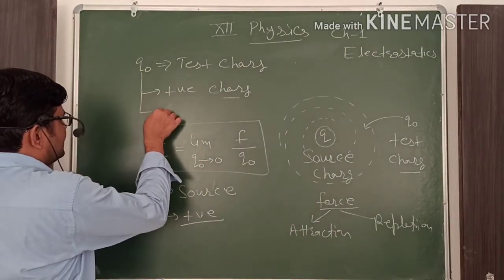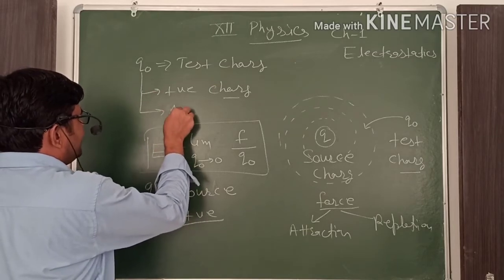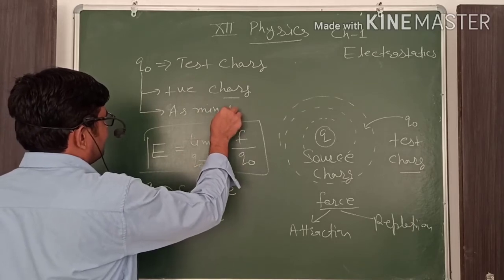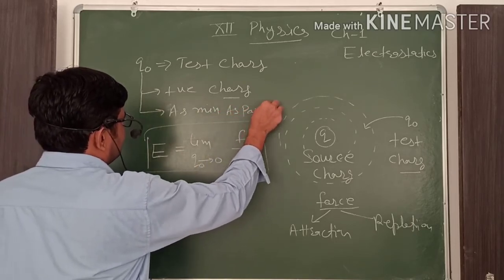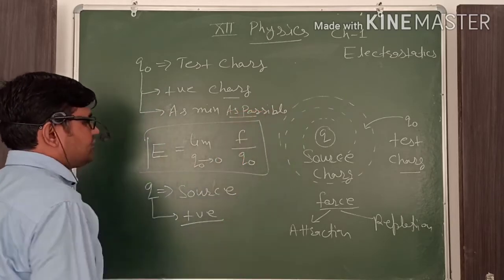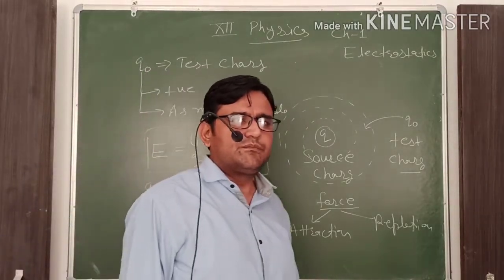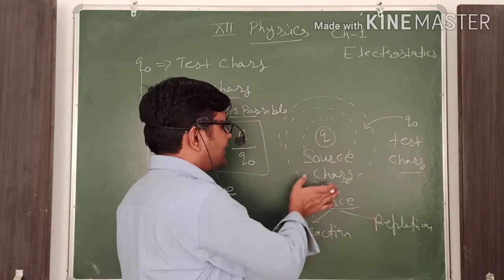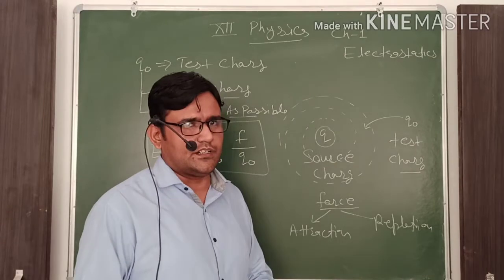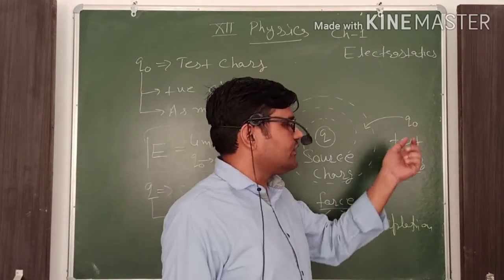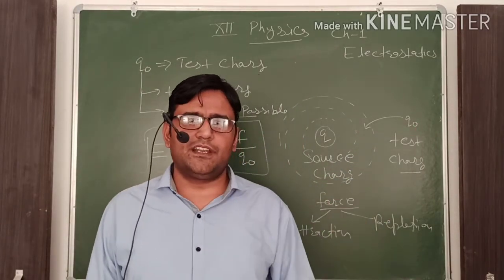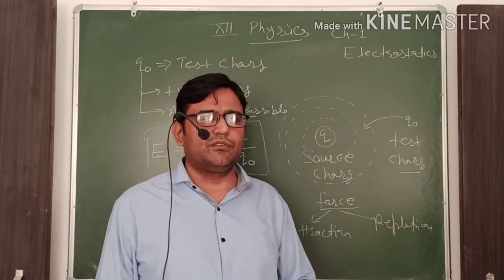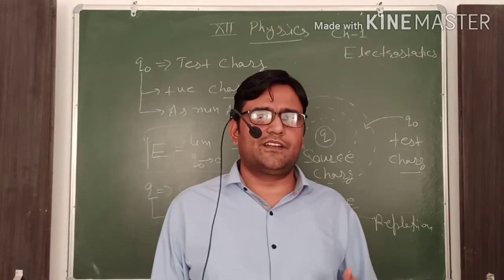Another formulation: we take the numeric value of the test charge as minimum as possible, because we are just identifying or defining the electric field for the source charge. If we consider Q naught with a significant quantitative value, then it would show its own electric field.